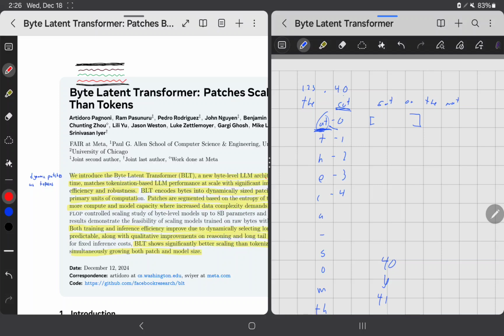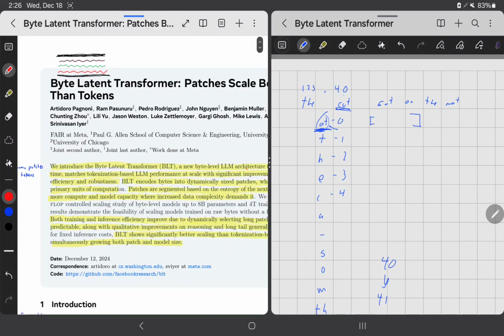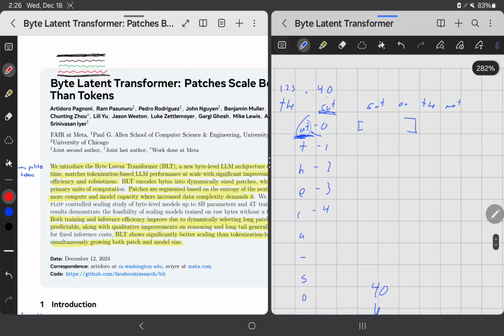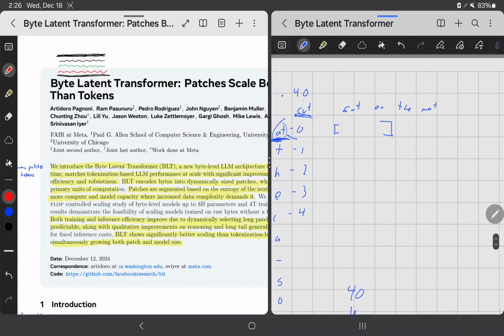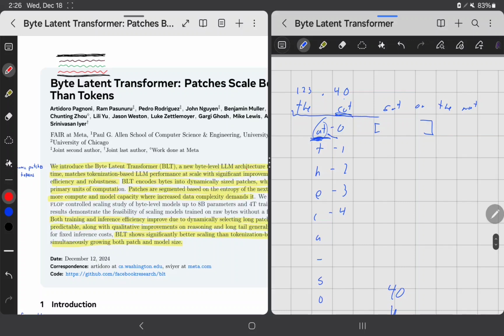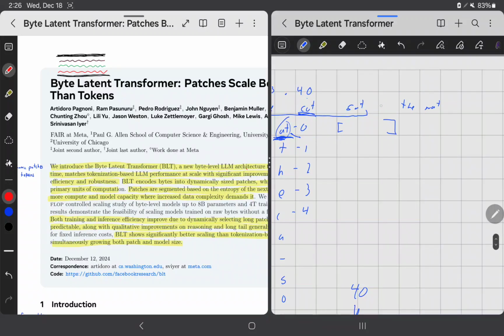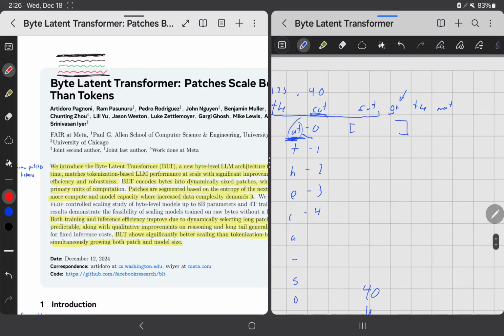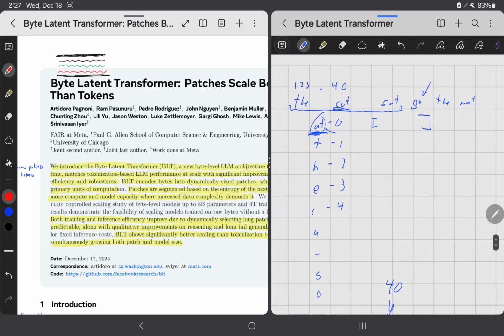Also, another thing that we want to do is basically dynamically allocate compute to harder and more difficult tokens. And I'll get into what they classify as harder and difficult in a second. But the idea is, if we look at the sentence, if I have this prefix here, like the cat sat, and then I predict the letter O, the letter N is pretty easy to predict if I give you this part of the sequence here.